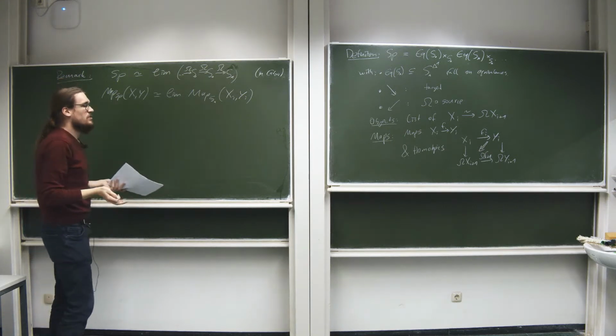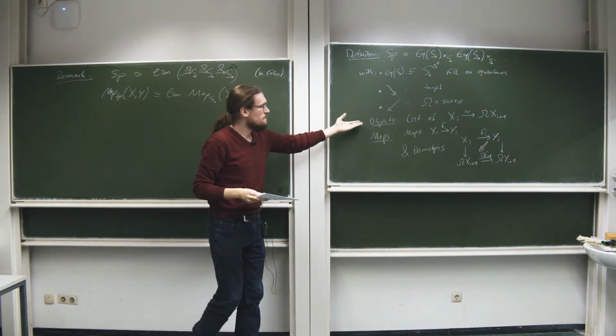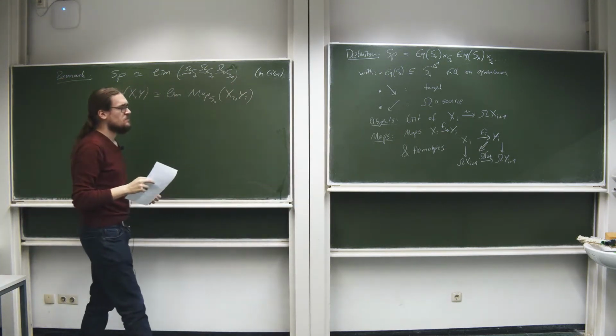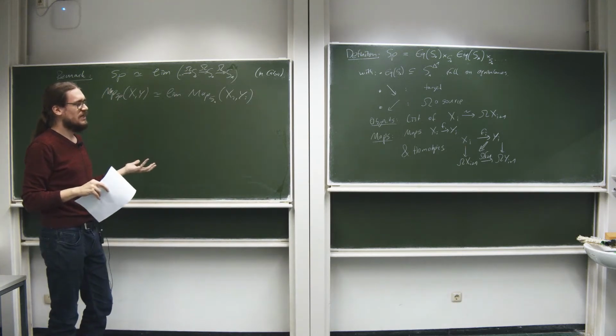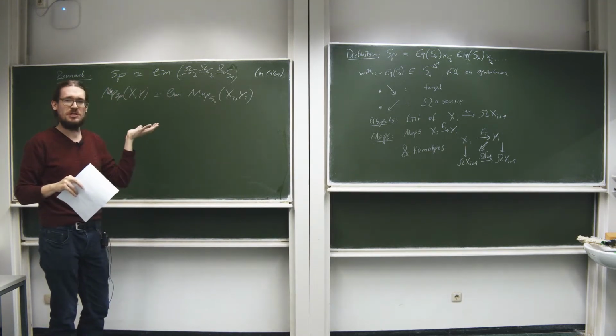So what are examples of such objects? Well, if you start with any kind of space, it's surprisingly hard to deloop it.